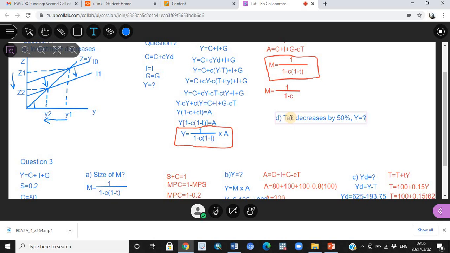So here we can always say, what is the variation of income?